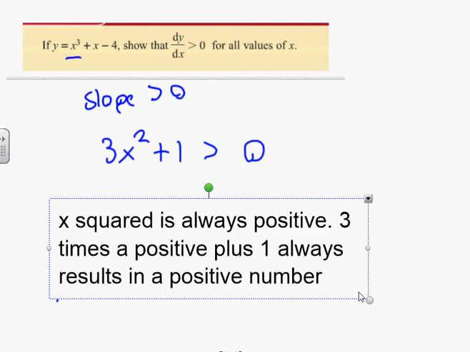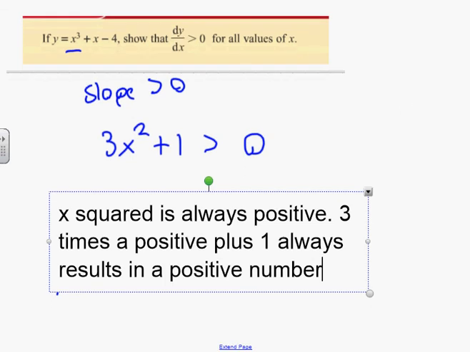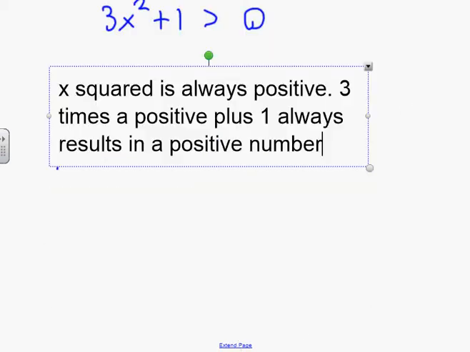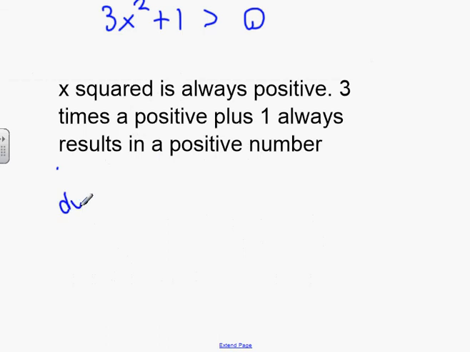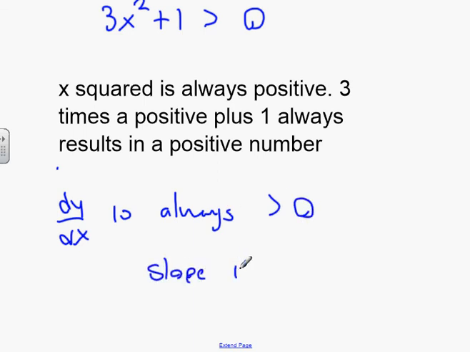Okay? And then you can say, therefore, dy/dx is always greater than 0, slope is always positive. Does that make sense?